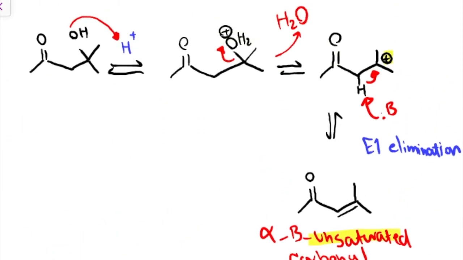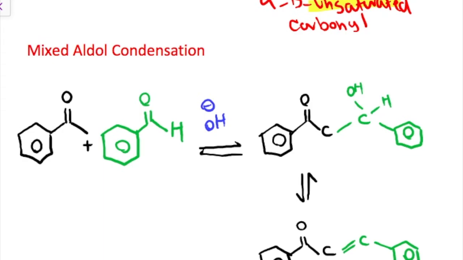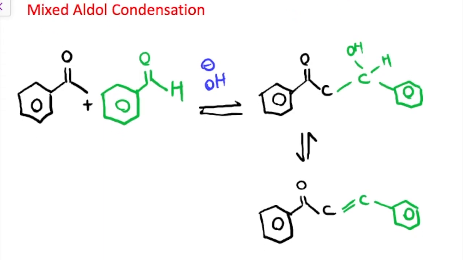Okay, so far we only talked about the aldol condensation and addition reactions with only one carbonyl group. But what if we have two different carbonyl partners? This is called a mixed aldol condensation, and here we have acetophenone and benzaldehyde. Benzaldehyde is in green, acetophenone is in black.